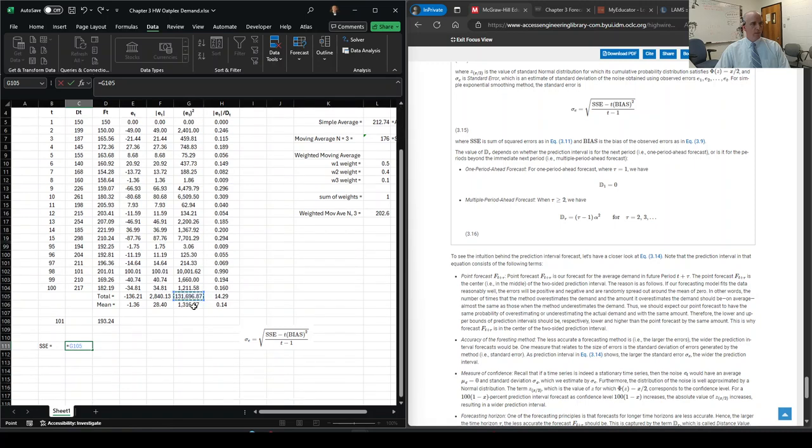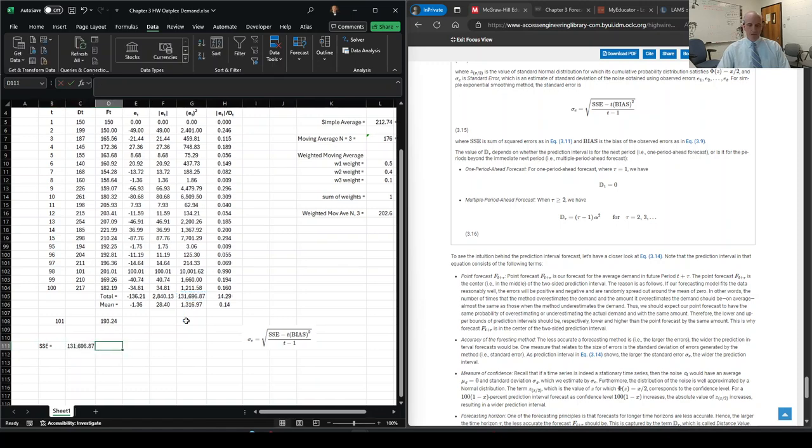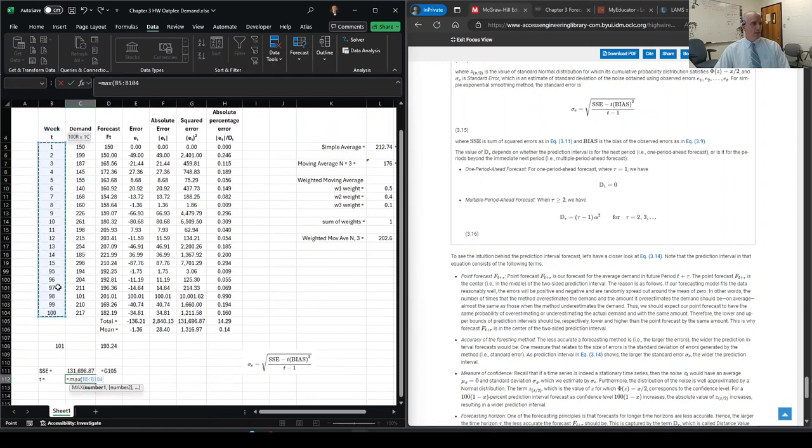We summed it up. That's what that number is. And let me show this here, if that's helpful. What is T? T is equal to the number of weeks. So if I were to do a max, just to give me the number of weeks here, that's going to be 100.